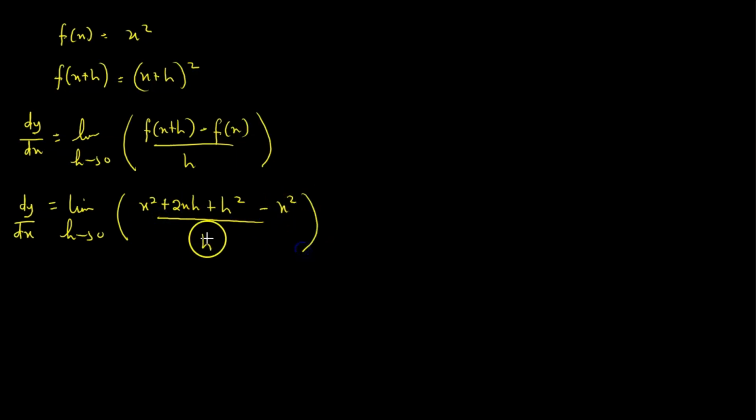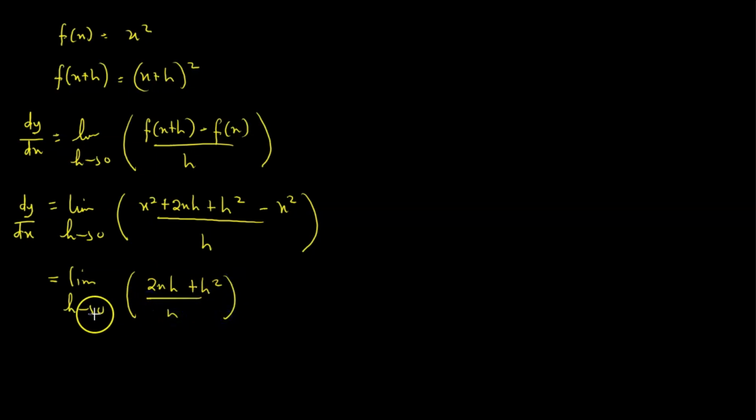So going further, to simplify this expression, at this point you can't substitute the value of h into the function because it will give you undefined solution. But going further, we'll actually have x squared here minus x squared, and that will be given as 0. So it will be left with limit as h approaches 0 for 2xh plus h squared all on h.